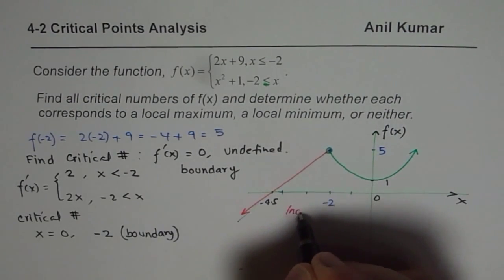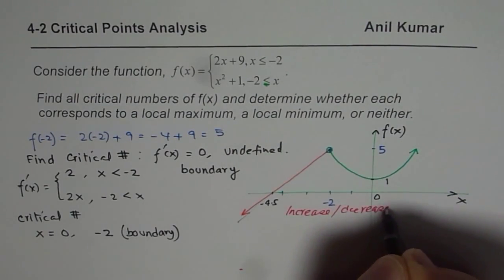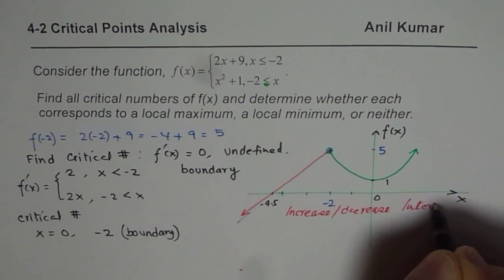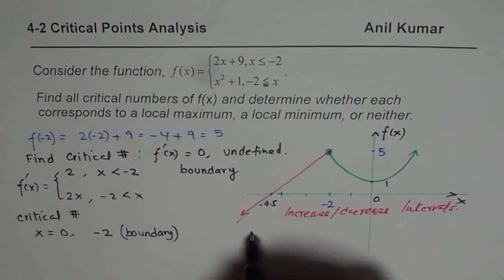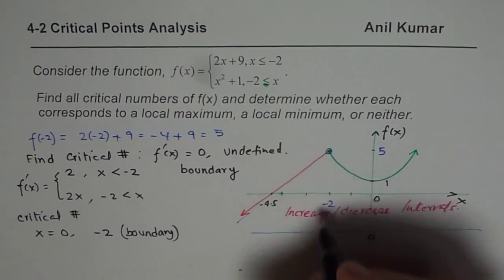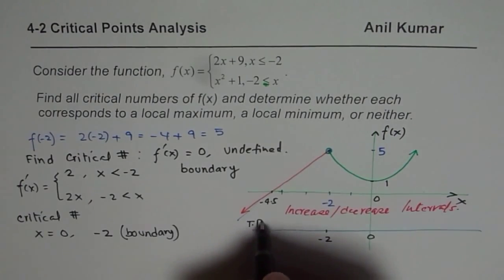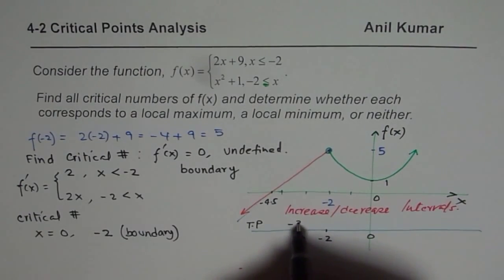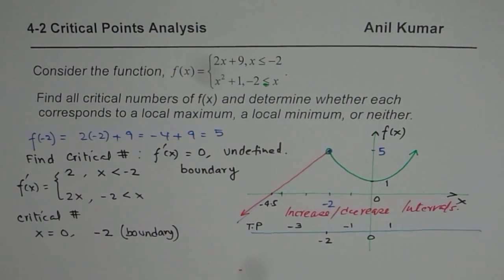For that, we'll consider the critical numbers, which for us are at 0 and at minus 2. Let us take test points. I take minus 3 here, minus 1, and plus 1. So those become my test points.